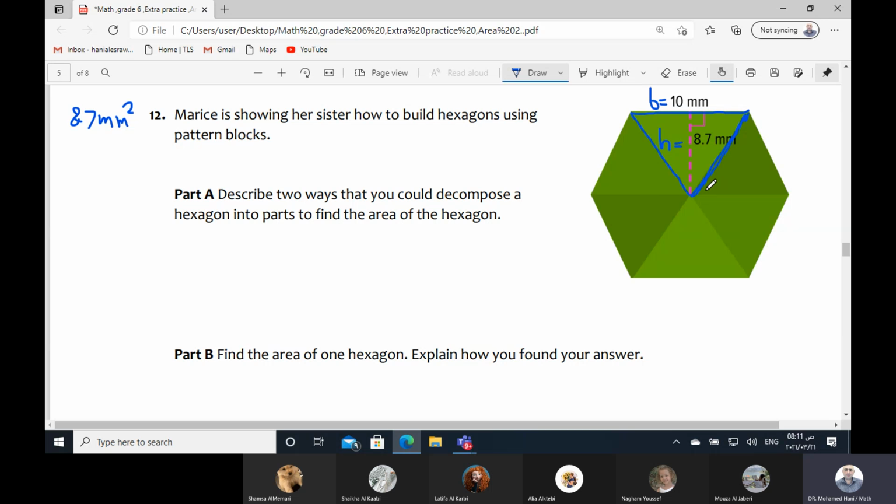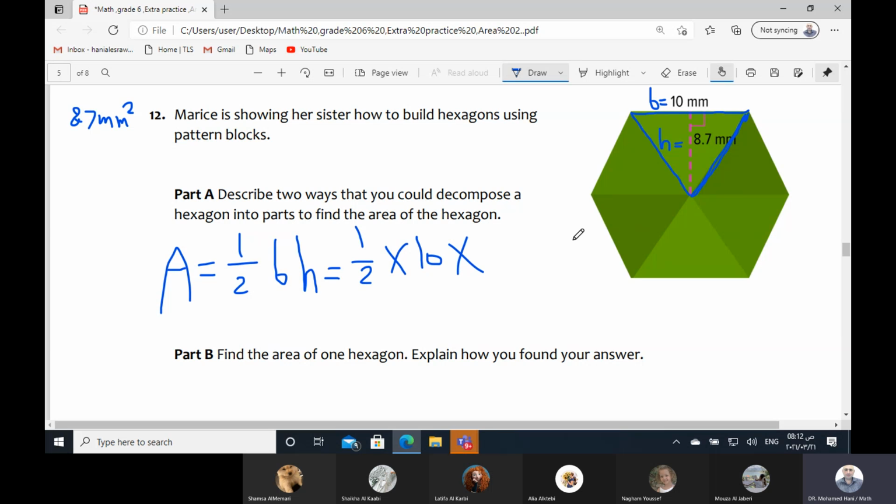At the first, we want to find the area of the triangle. The rule: A equals 1 over 2 multiplied by the base multiplied by the height. Means 1 over 2 times 10 times 8.7.